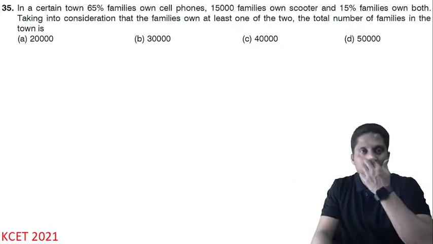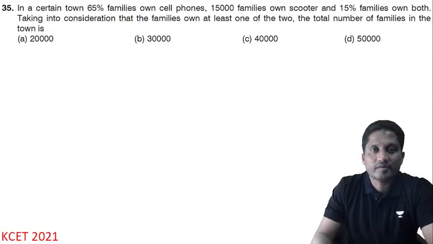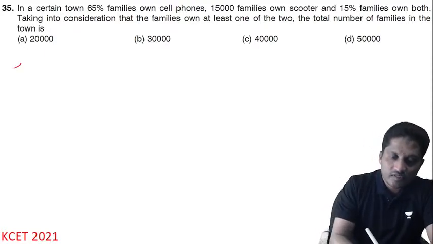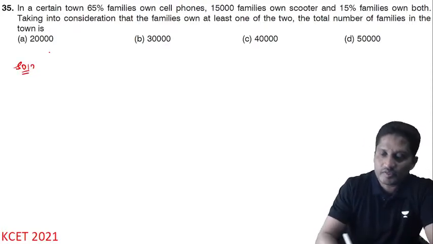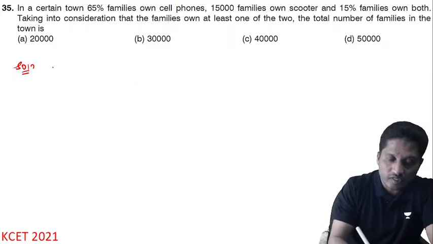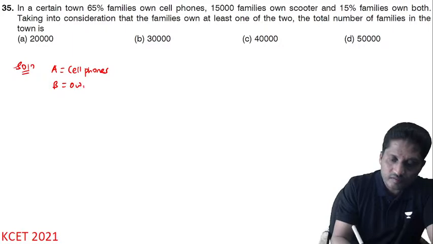In a certain town, 65% of families own cell phones. 1,500 families own a car, owns a scooter. So capital A is equal to cell phone. This is cell phones, and B is equal to own a scooter.